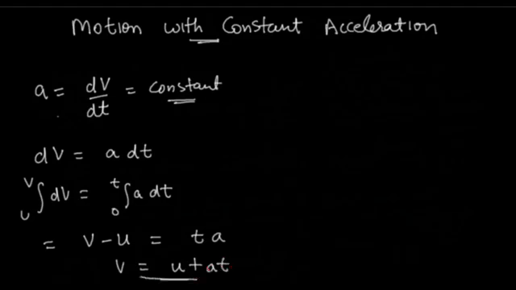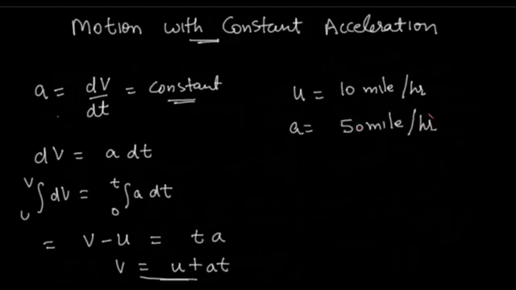Now we should not just memorize the formula, we should make sense out of it. So let's say that our u is 10 miles per hour, and a is 50 miles per hour square.